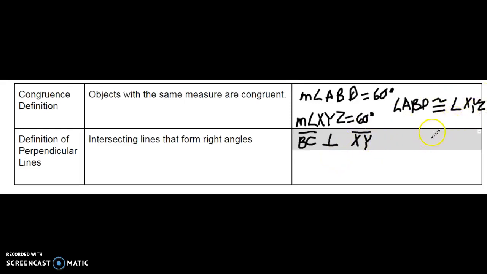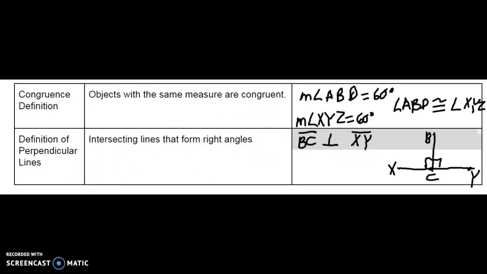So if I were to sketch that, if I have BC and XY, point B up here, point C down there, I got point X here, I've got point Y there, I know that these angles are 90 degrees. That's usually going to be used in conjunction with the right angle congruence theorem.